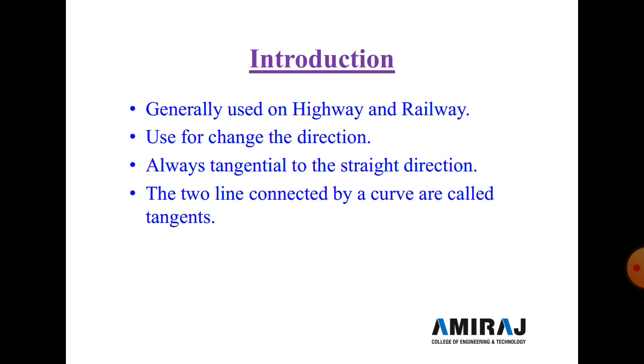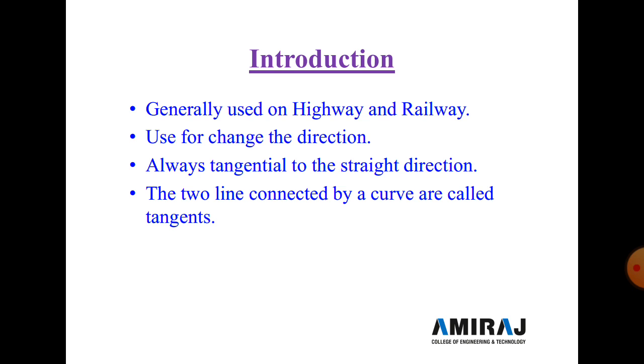Now next, it is always tangent to the straight direction. When we draw or construct a curve, it is generally tangent to the straight direction. Like if a straight road is there and we turn the road in a left or right direction, it changes the direction.